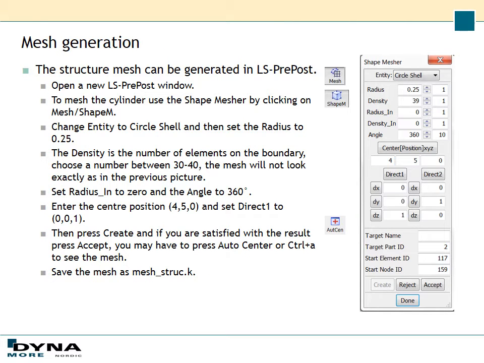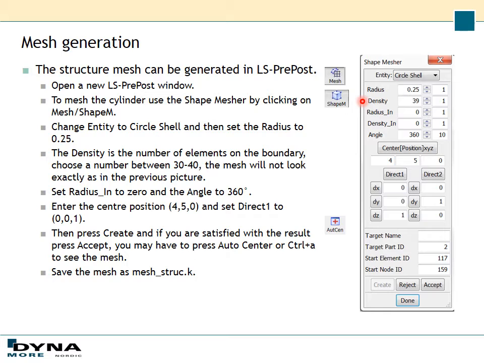And to generate the mesh, you can use LS-PrePost, and you click on Mesh and Shape Mesh to open the shape mesher. Then select the entity to circle shell and enter the radius 0.25.